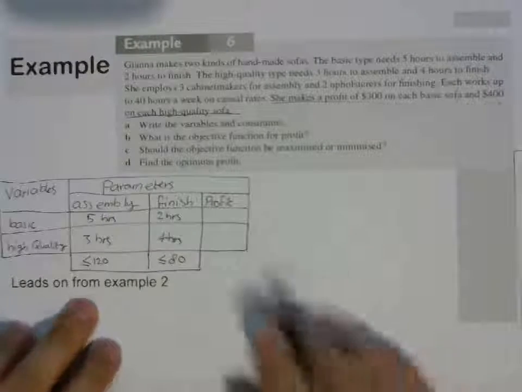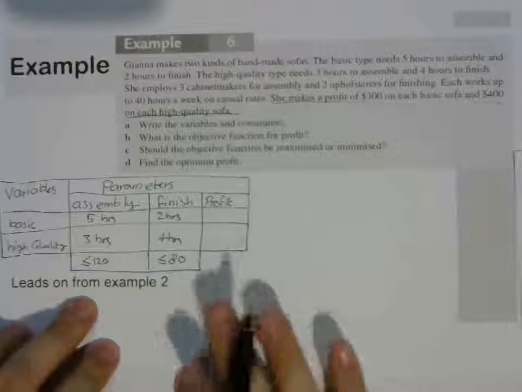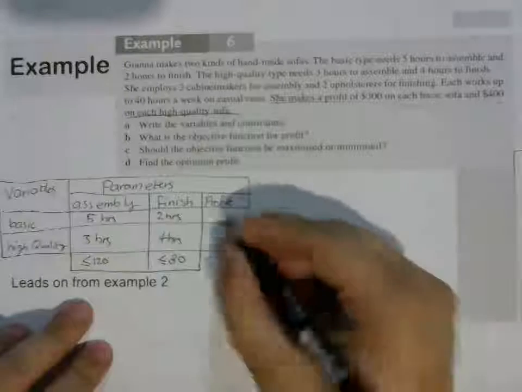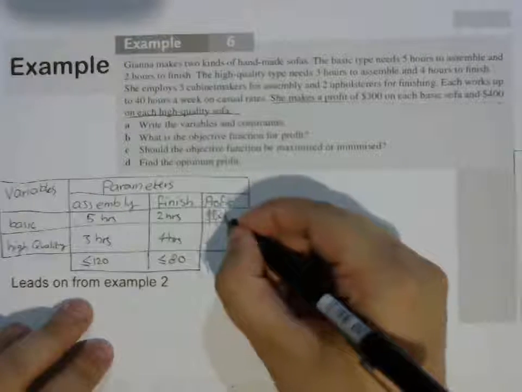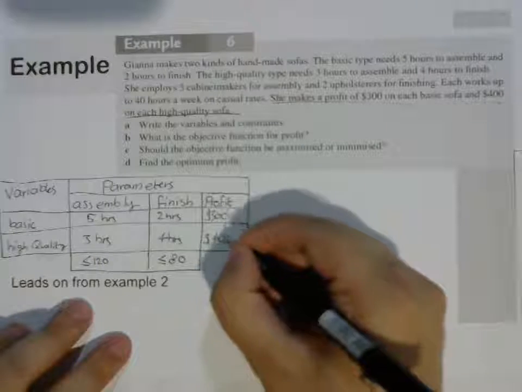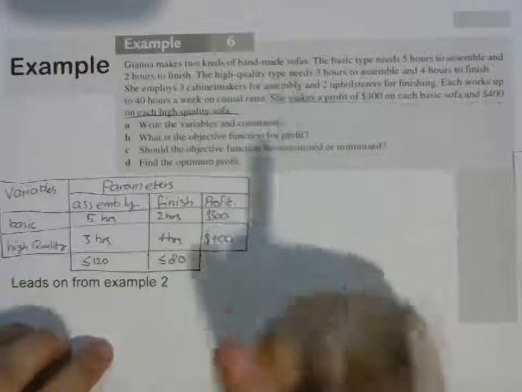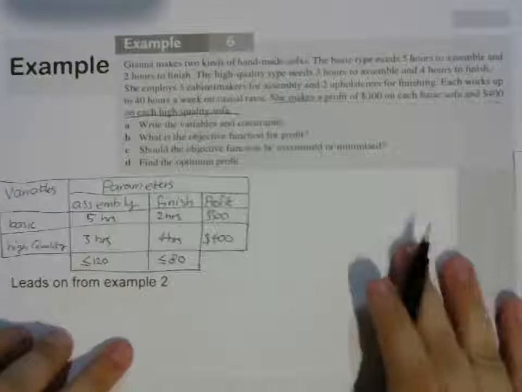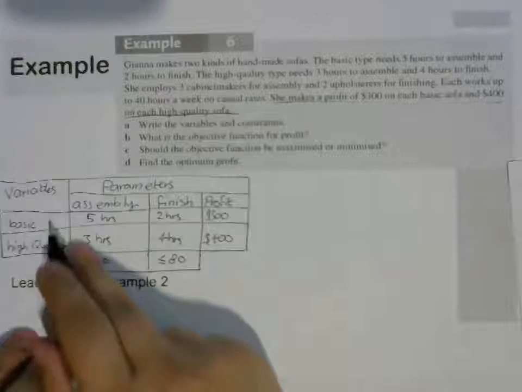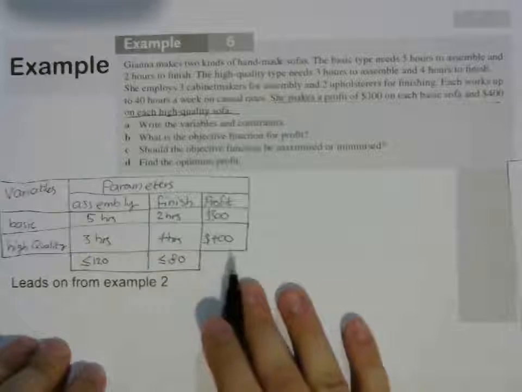We only have parameters for this, not a constraint. It's our job to figure out what combination of basic and high quality sofas gives us the most profit.